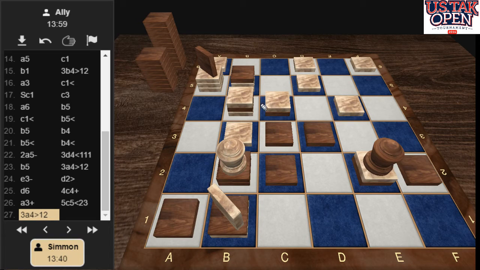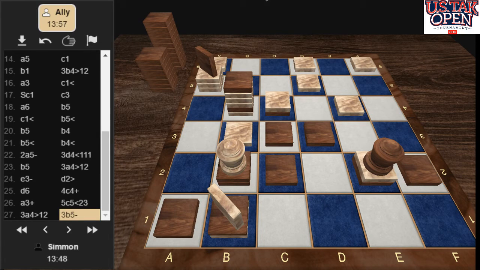Ally may continue. We'll see what happens. At this point, oddly enough, B5 down is looking like one of the best moves for Simmon.